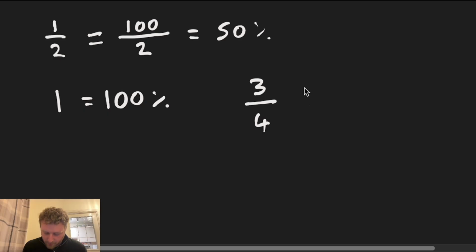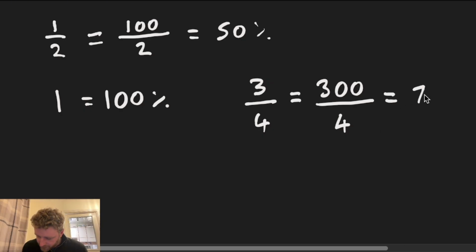Let's do it a little bit more complicated now. This one is equal to 300, because the 3 is 3 times the 1, so instead of being 100%, we have 300%, all divided by 4. And what's 300 divided by 4? 75%.